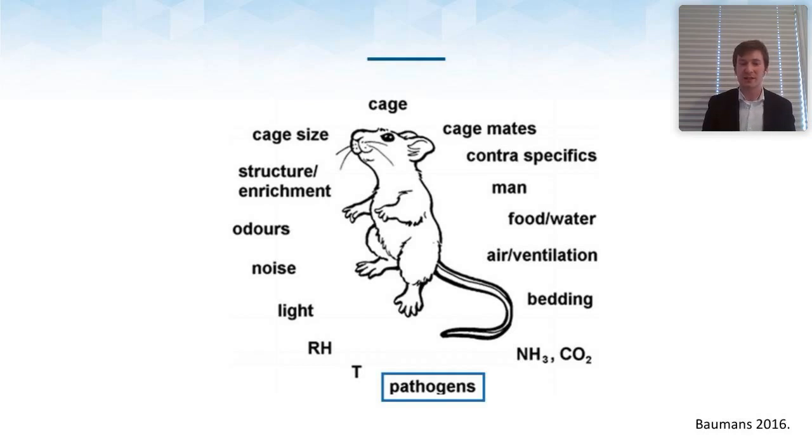Even if we're not seeing clinical signs of disease, pathogens are still capable of infecting animals and maybe influencing the physiology or behavior of the animal in some subtle way. So while it may not be causing sickness or death, you can still get adverse impacts on research projects as a result of pathogens in this way.